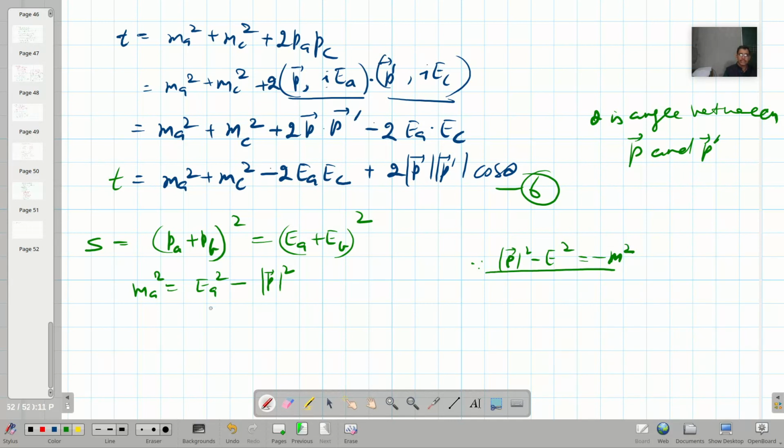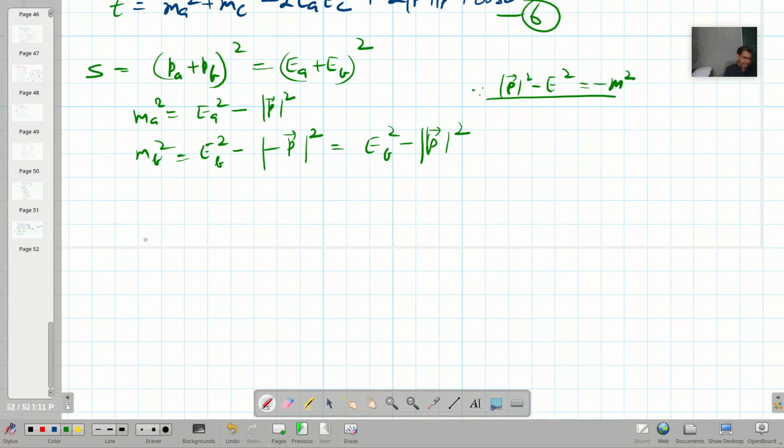So MA square is equal to EA square minus P square, and similarly MB square can be written as EB square minus P square, because the momentum will be minus P for the second particle, right? Therefore I can write MA square minus MB square. If I take their difference, then this P will cancel out with this part.